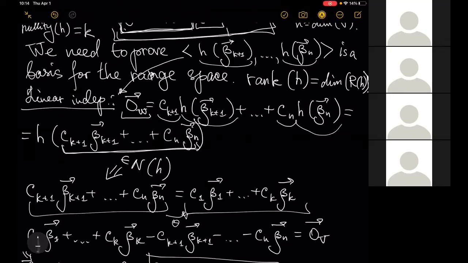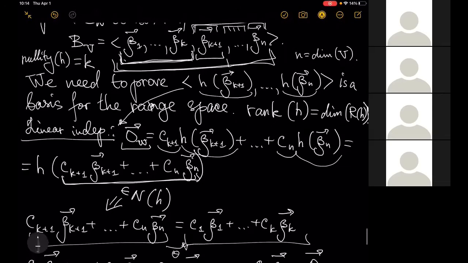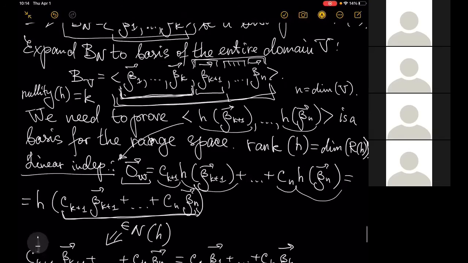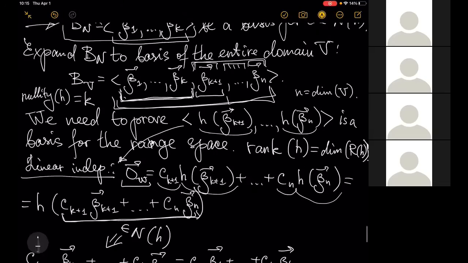Is it clear how I've done this? It's clear, I think. Okay, wonderful. By the way, I will call this the basis of the range.